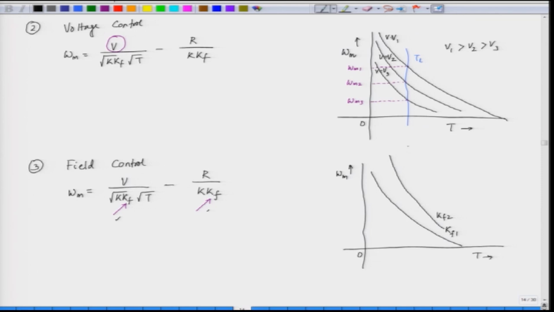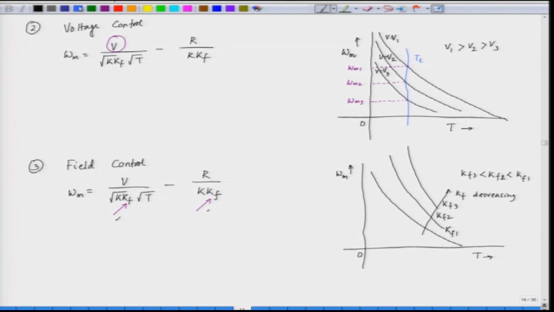This is Kf 3. So, Kf 3 is less than Kf 2, which is less than Kf 1. As we go on decreasing the value of Kf, the speed torque characteristic changes like this.